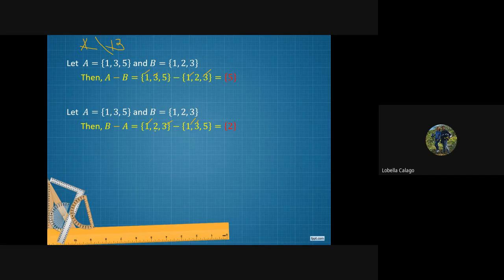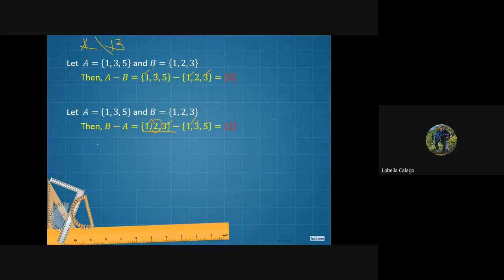So, 2 is in B but not in A. Check the elements in A, then the elements you cannot find that are in B and not in A, that is your difference.